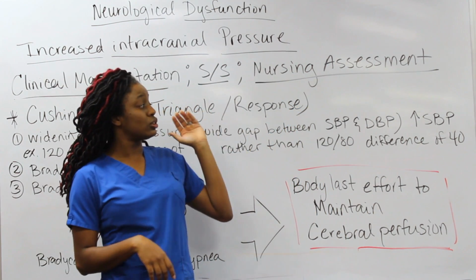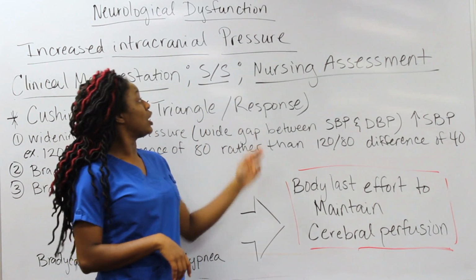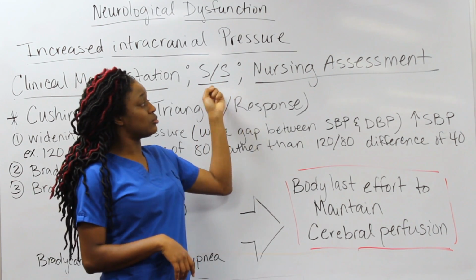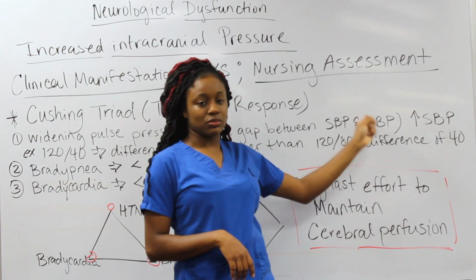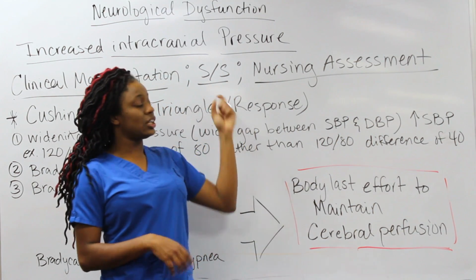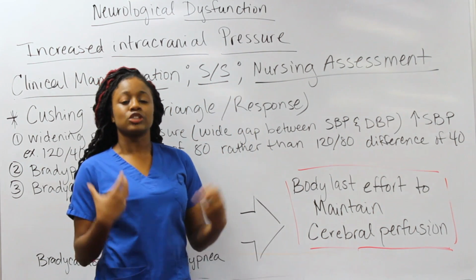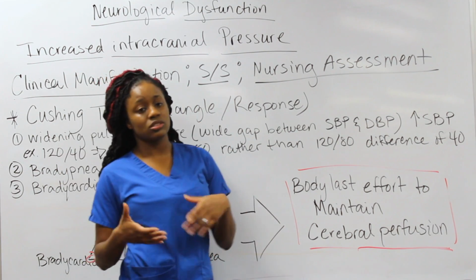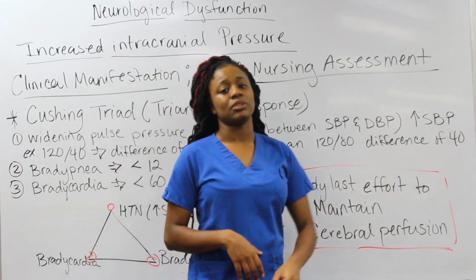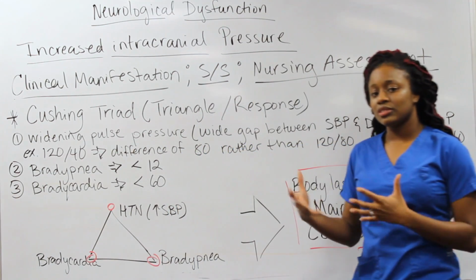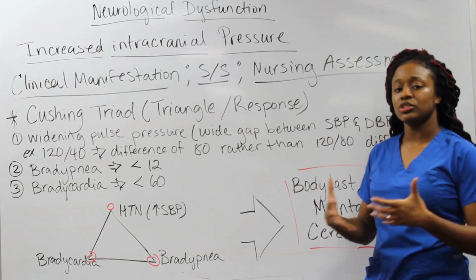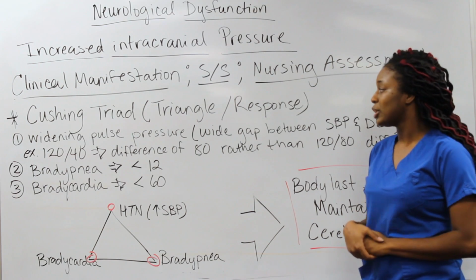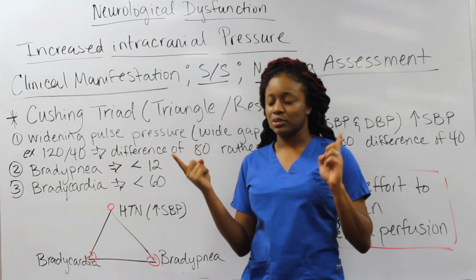And why not kill two birds with one stone, right? If you know your signs and symptoms, you know what you need to assess as a nurse, because what you're going to see presented on the patient is what you're assessing as a nurse, okay? So your signs and symptoms is also known as your nursing assessment. So as long as you know that, you can already know what you're going to assess as a nurse. If you remember one, you remember both.